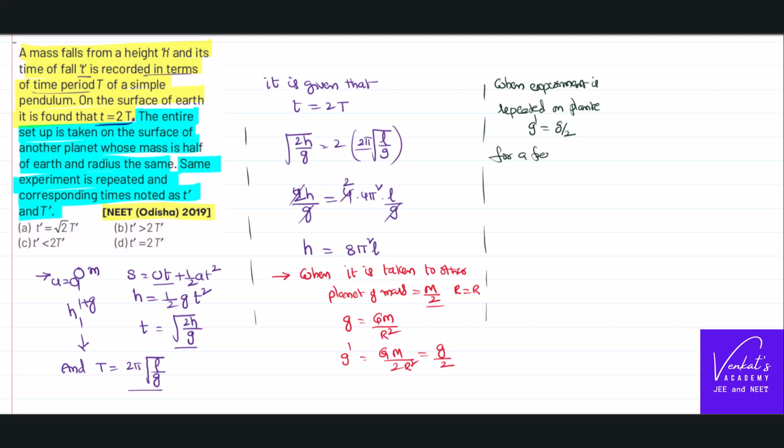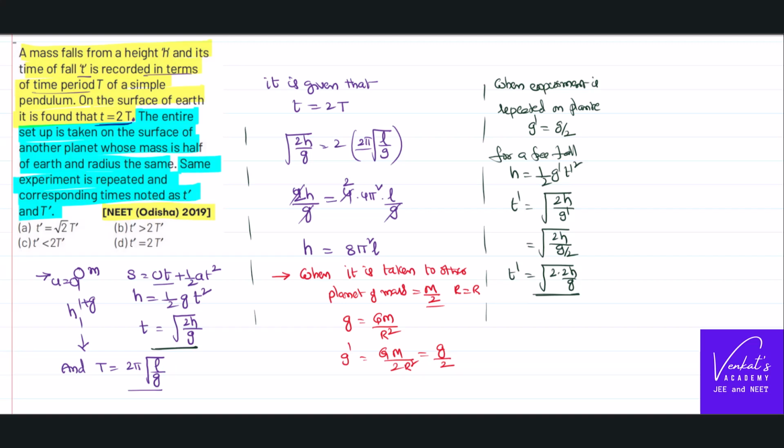For a free fall, I can write the formula h equal to half g dash t dash square. So t dash equals root 2h by g dash. That is root 2h by g by 2, which equals the square root of 2 into 2h by g. That is the new t dash. T is this, but t dash is different as he has mentioned.